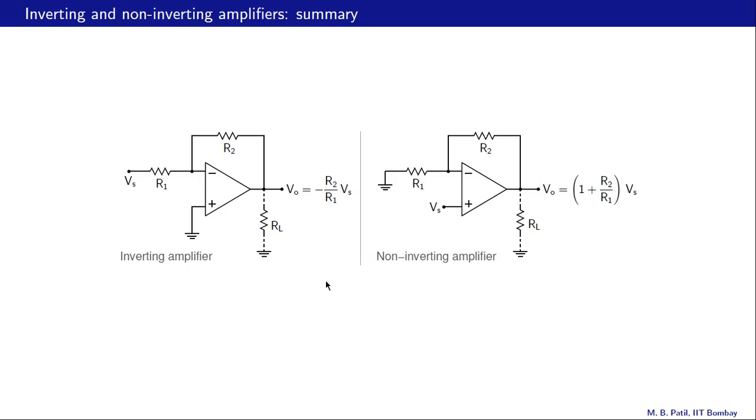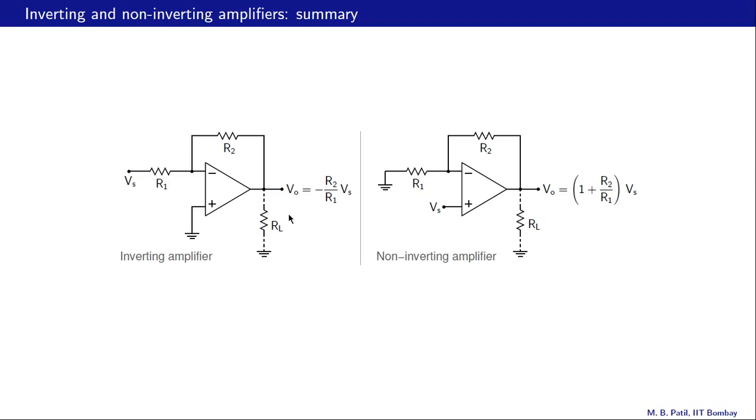Let us have a revision of what we have studied. Here are the inverting amplifier and non-inverting amplifier side by side. As we see, there are some similarities between these two circuits. Both of these have two resistors, R1 and R2.